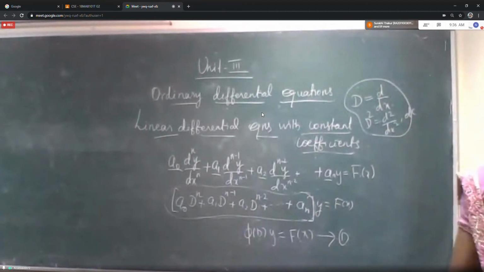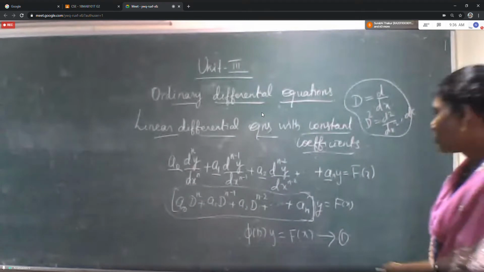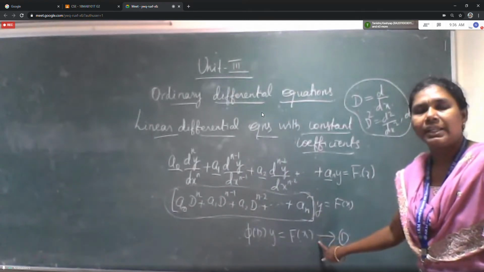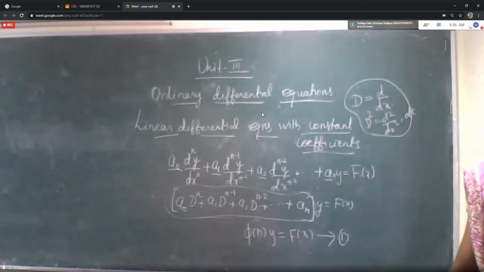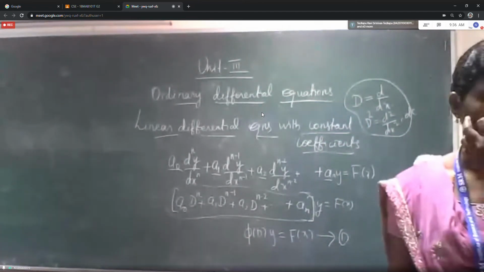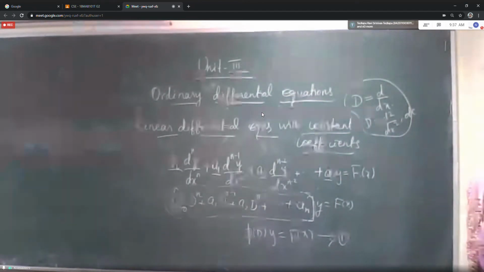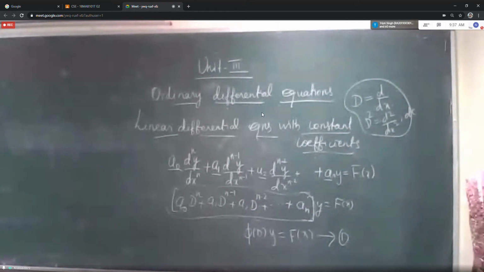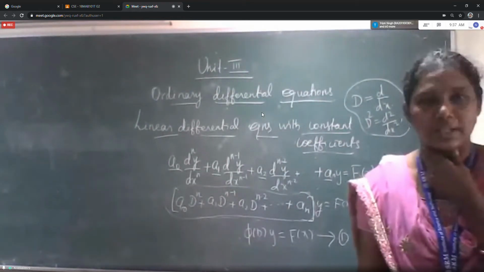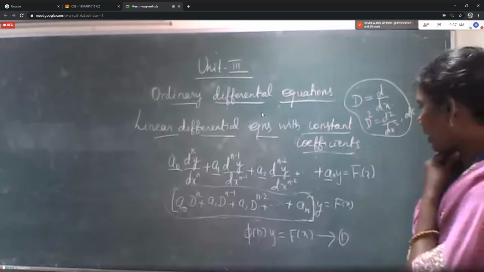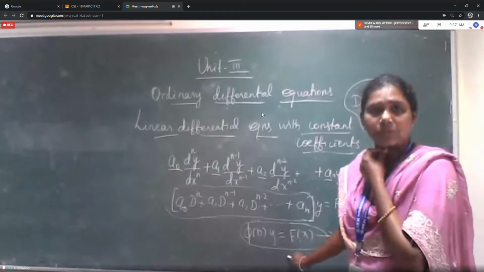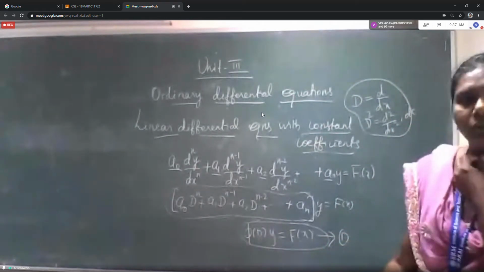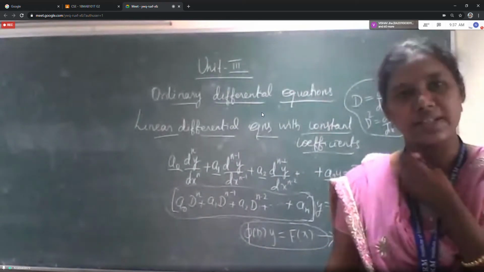Now we are going to find the solution for equation 1. After solving this equation, we will get a solution, which we can say is a complete solution or general solution.